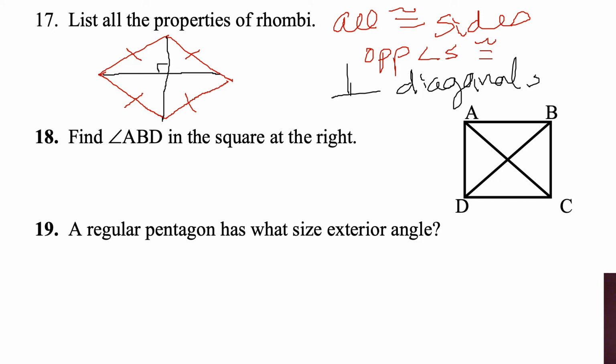And when you have those diagonals, they bisect the corner angles. This angle will match the one right next to it. Rectangle and parallelogram didn't have that. They didn't match. We had to flip them, remember? So now it's matching. So diagonals bisect corner angles.